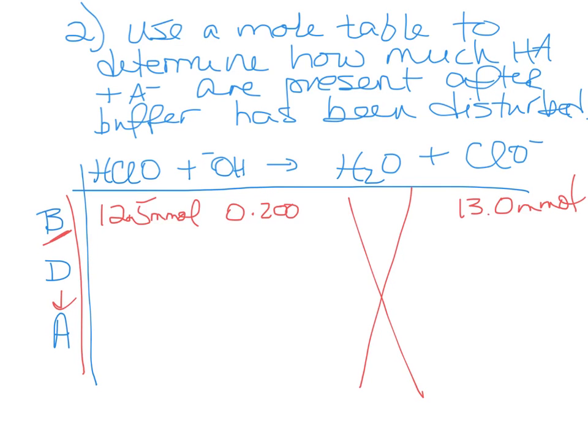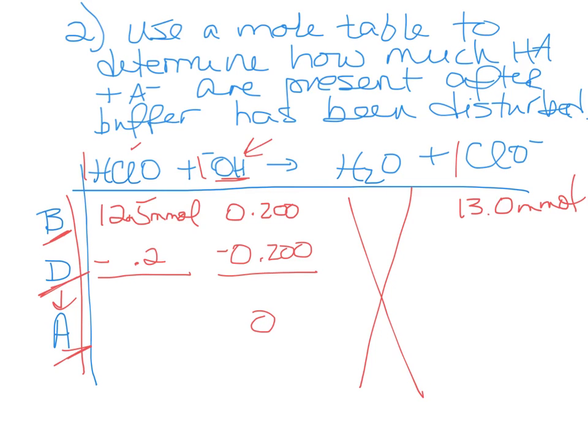During the reaction, all of the hydroxide added is going to react because it is a strong base. So after the reaction, there's going to be 0 millimoles of hydroxide left. That'll always be 0 when you add a strong acid or strong base to disturb a buffer. Since it's all a 1-to-1-to-1 stoichiometric ratio, we're going to subtract 0.2 from the weak acid, so its final amount is going to be 12.3 millimoles.